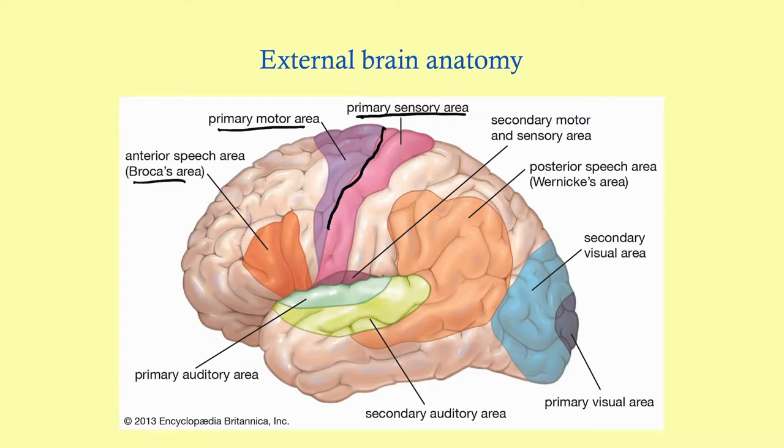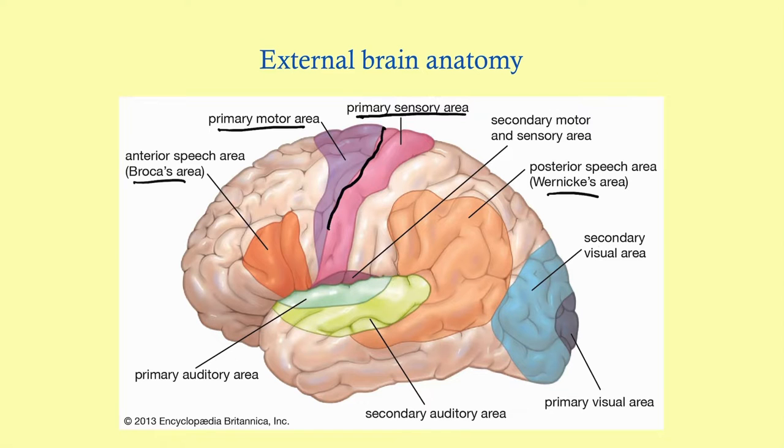It's in the frontal lobe, very close to the temporal lobe. And then we have Wernicke's area, which kind of spans through the temporal and parietal lobe. Broca's area is important for initiating speech, and Wernicke's area is important for understanding speech. So they both play a role in language, they just do different things.